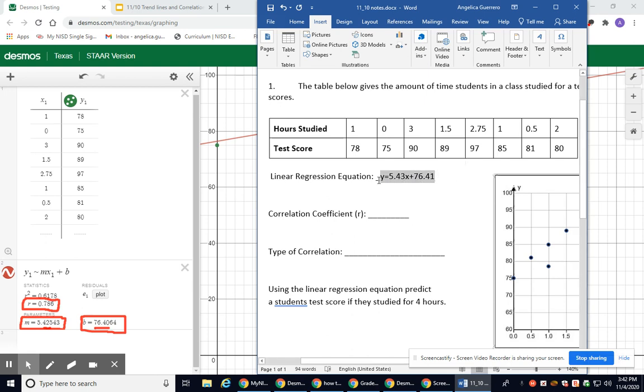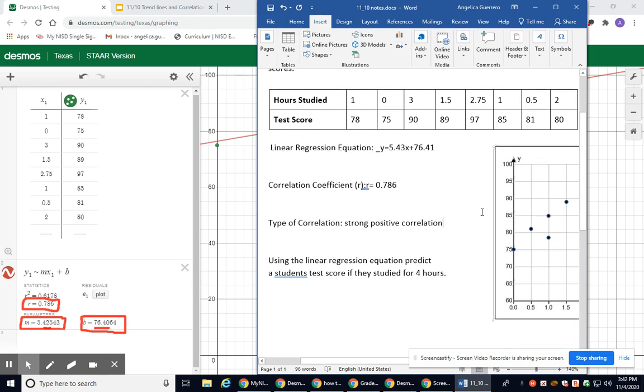So this here would be my linear regression. To identify the correlation coefficient, that's just R. So here R equals, in this case, 0.786. The type of correlation, we're going to identify this as a strong positive correlation.